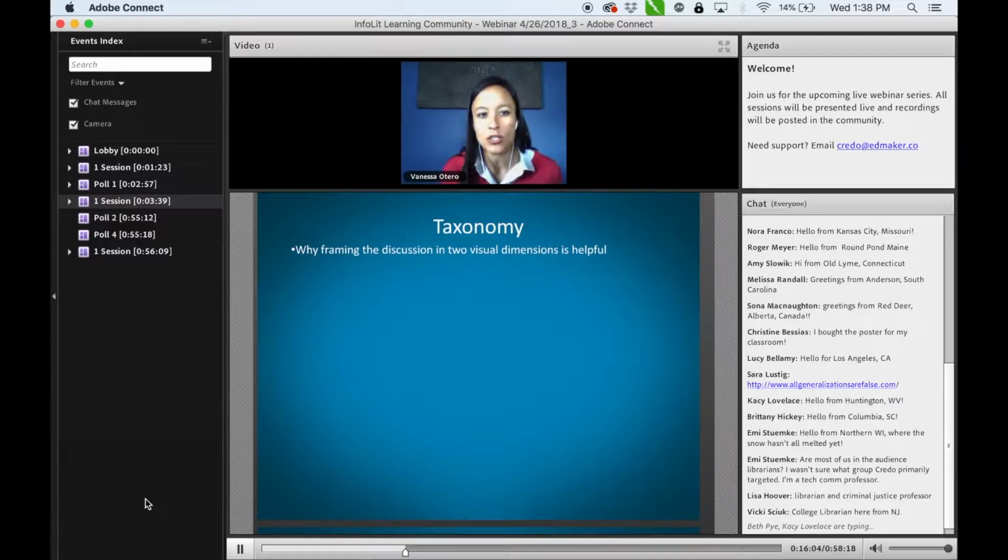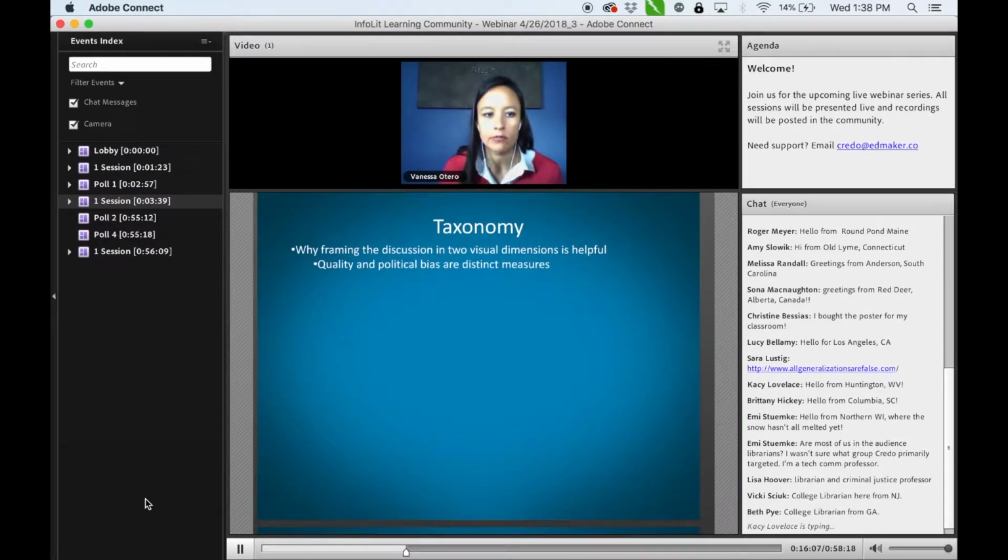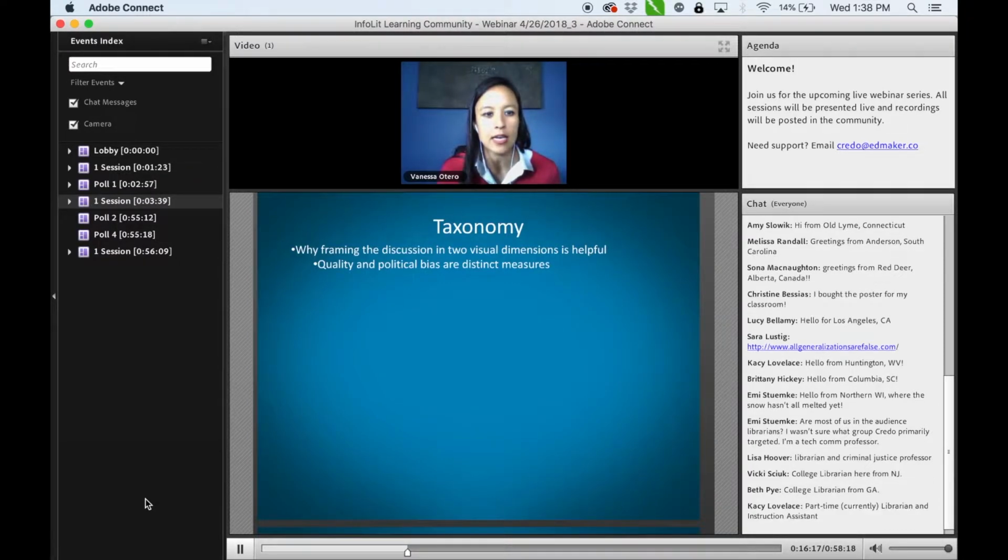All right, so let's talk about the taxonomy. Why framing the discussion in two visual dimensions is helpful. So quality and political bias are, I believe, distinct measures. If you have the chart in front of you, or can glance at it on your webpage real quick, you'll see that it's sort of a bell-shaped curve of news sources, and some people have a problem with that because it tends to imply that there's an equal distribution of sources across the spectrum, and I'm not necessarily asserting that.